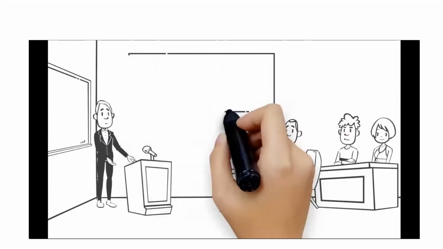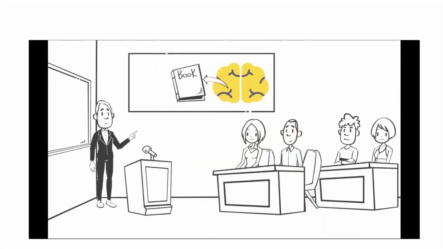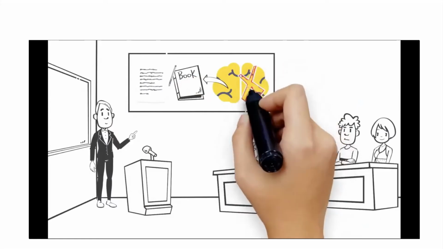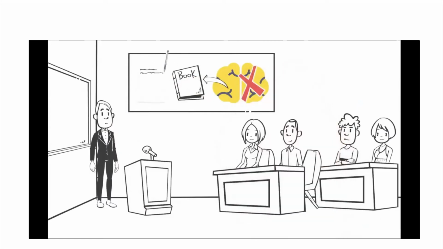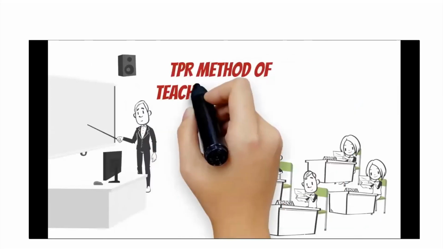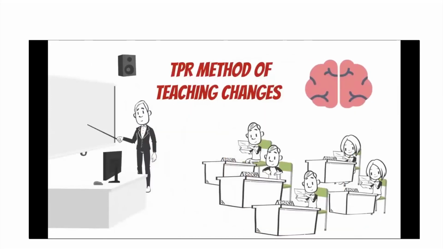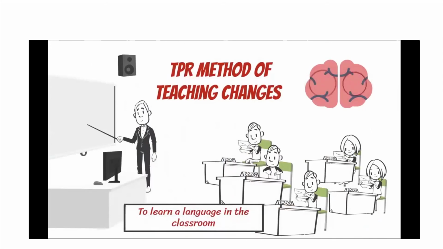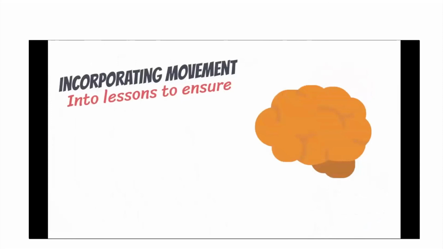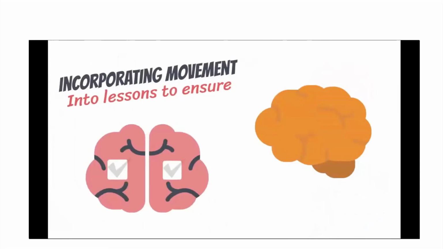In traditional schooling, a student would only be using the left hemisphere of their brains as they would be formally instructed on the language. This means that the right hemisphere is not used at all. The TPR method of teaching changes this and enables the student to simultaneously use both the left and right hemisphere of his or her brain to learn a language in the classroom. This is done by incorporating movements into the lesson to ensure that both hemispheres of the brain are working.